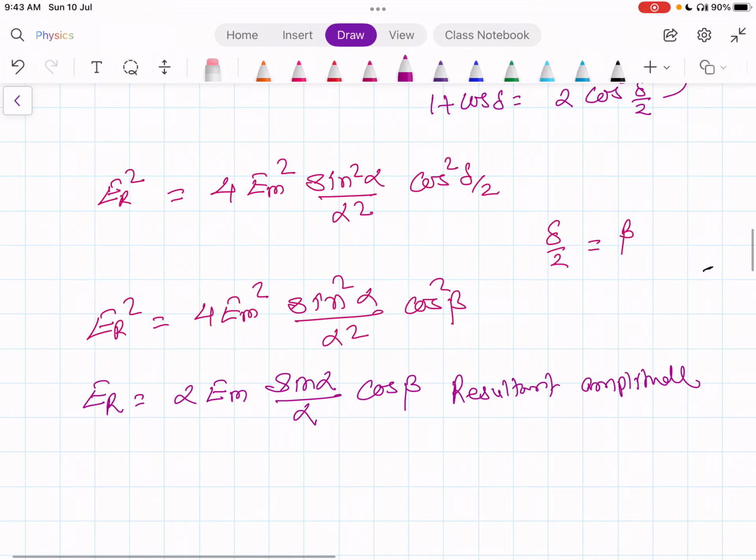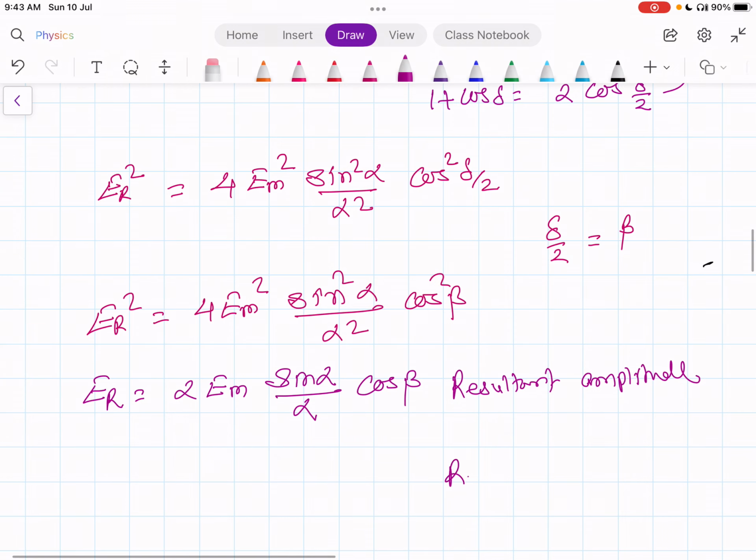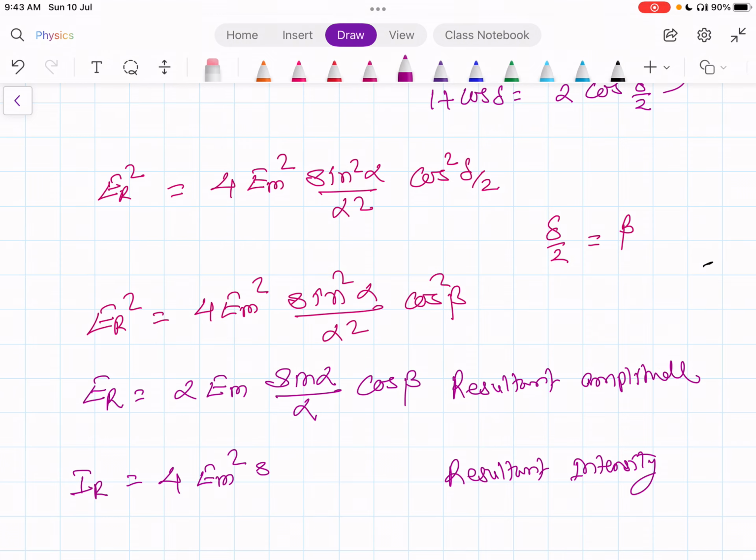If this is the resultant amplitude, then what would be the resultant intensity? The resultant intensity IR is equal to 4 Em square sine square alpha upon alpha square into cos square beta.